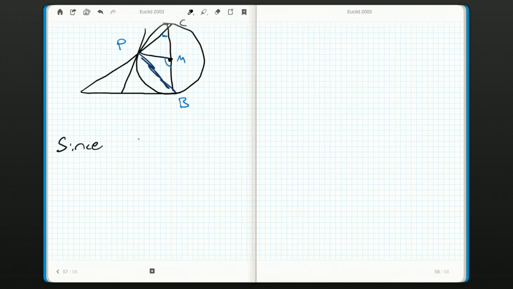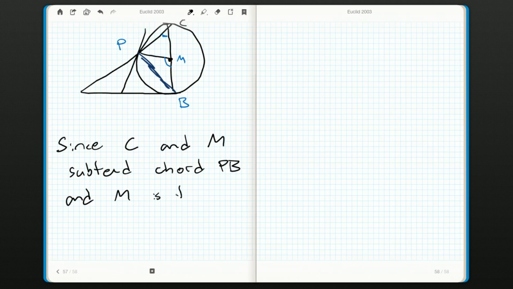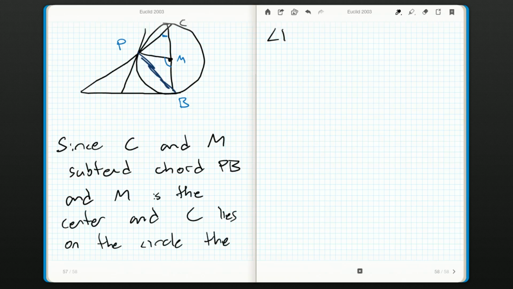So we can even say by the Star Trek theorem, this guy up here is C. Since C and M subtend chord PB, and M is the center, and C lies on the circle, then the angle at C, so angle PCB, must be 1/2 of angle PMB.